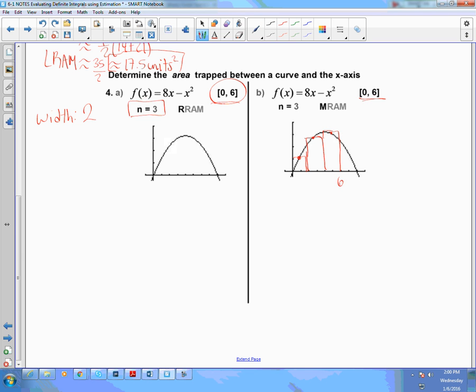So when you set it up, it should be f of what? Good, use the midpoint numbers: f of 3, f of 5. And then at the end, we're getting 74 units squared.